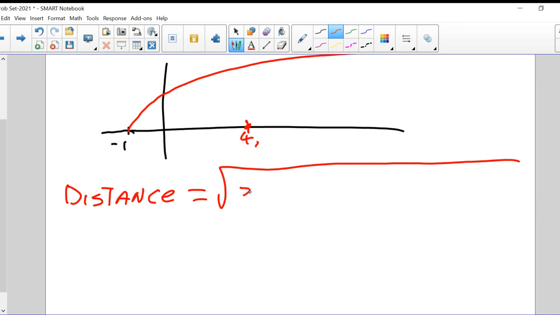It's the square root of (x1 minus x2) squared plus (y1 minus y2) squared. I'm hoping that looks familiar to you. That's not the first time you're seeing that, because Sarah is right. It's the distance equation that we're looking for. You take the difference between your x's, square it. Difference between your y's, square it. Add them together, square root it.